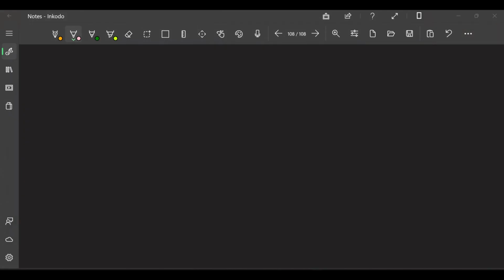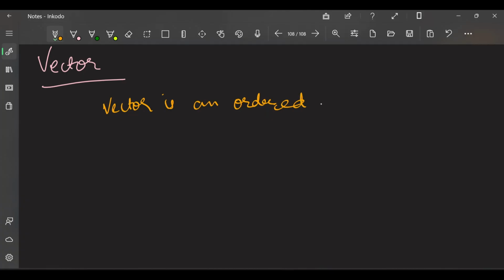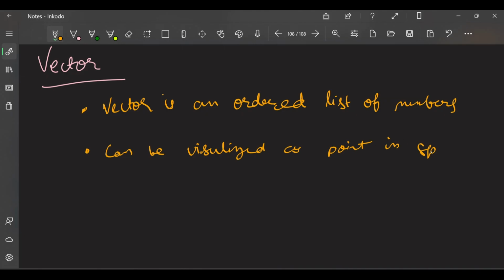When we talk about a vector, a vector is an ordered list of numbers. Let me write down the topic. Vector is an ordered list of numbers, and it can be visualized as a point in space or an arrow with direction and magnitude.